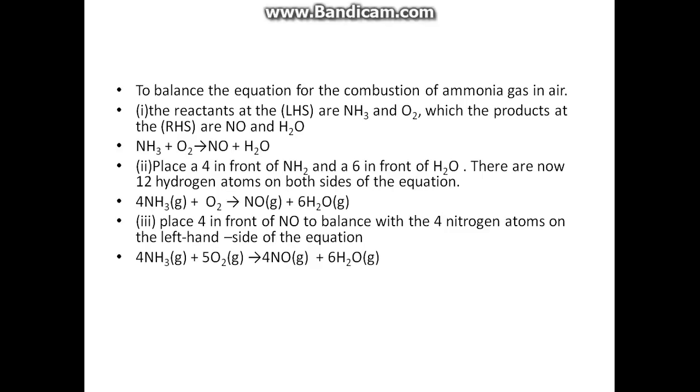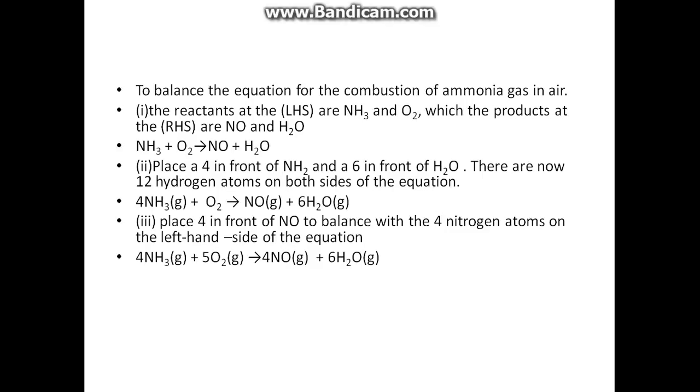When you look at the reactant, it is also 10, because NO is being multiplied by 4, giving 4 atoms of oxygen, and the water is having 6 molecules of oxygen. Therefore, it is balanced.